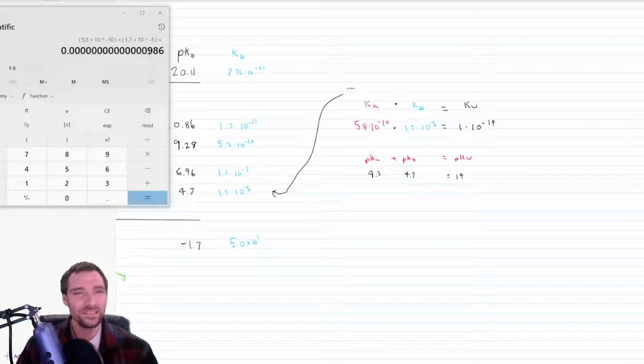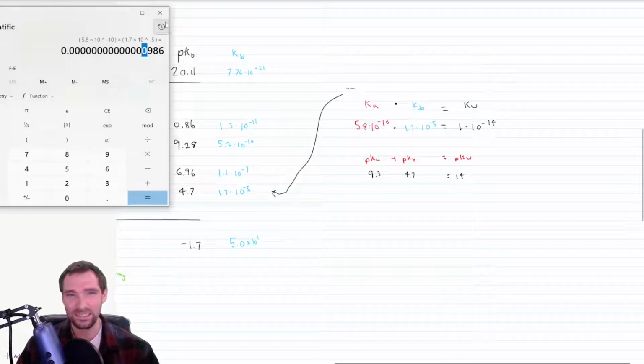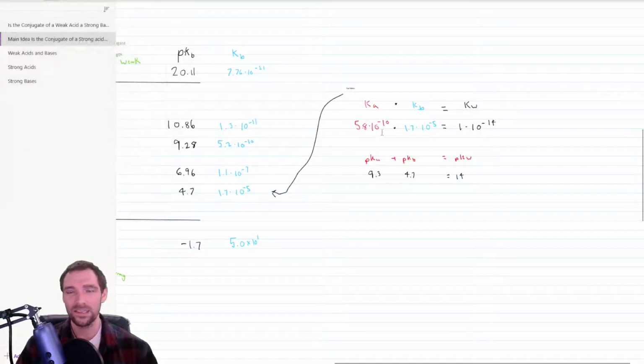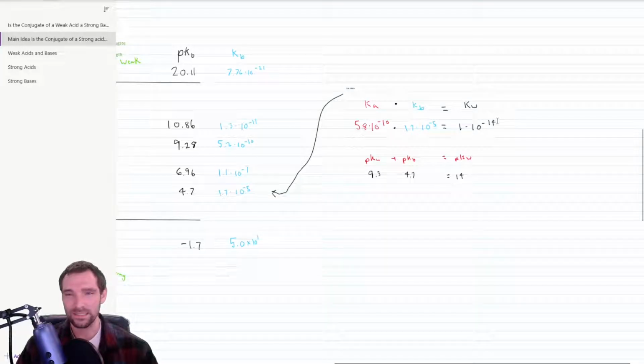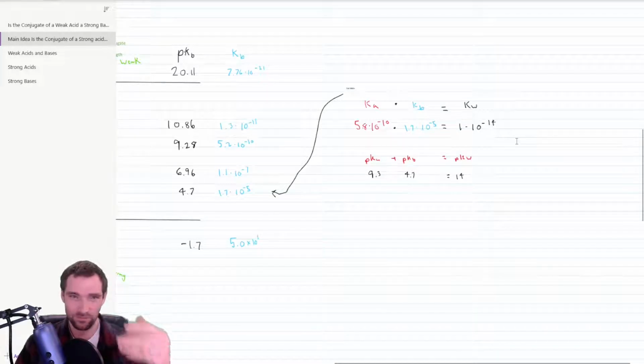So anyways, if you were to go through this, it's going to be as if this was actually 1, and then that would be 1 times 10 to the negative 14. It is ever so slightly off because I rounded some numbers, but in the grand scheme, that was basically 1 times 10 to the negative 14.